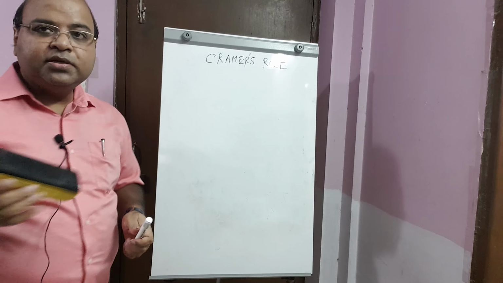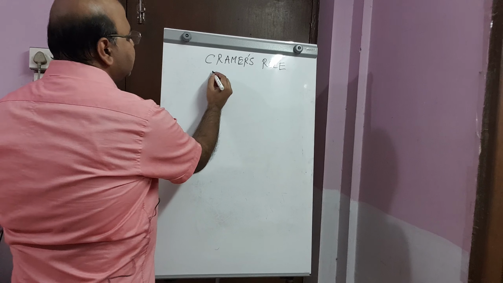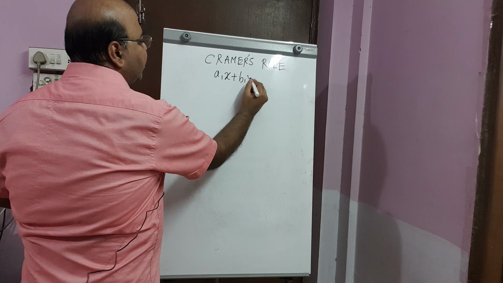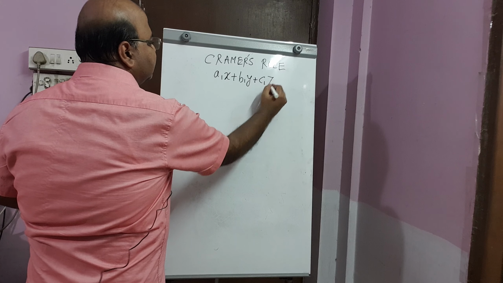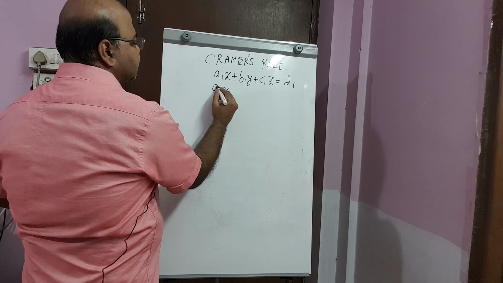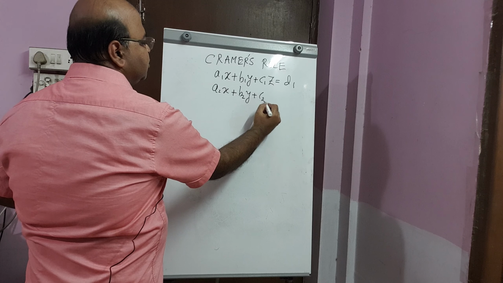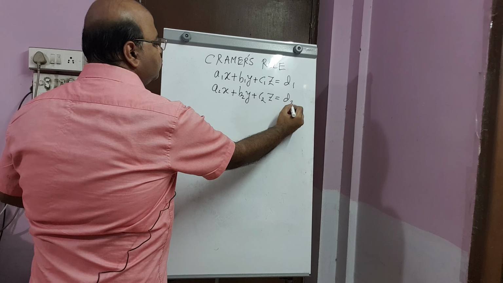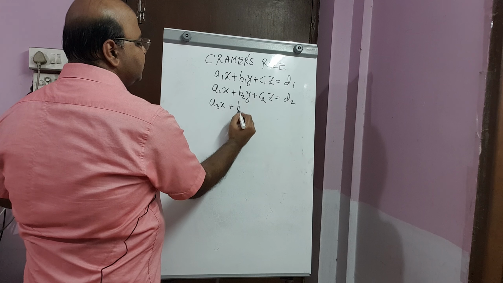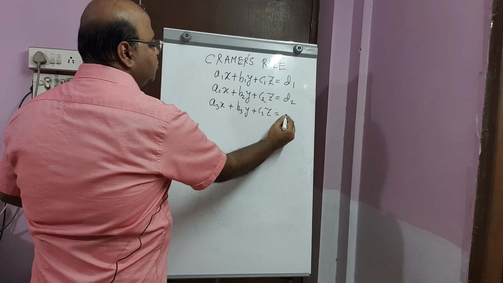So we now consider a linear system in three variables given by a1x plus b1y plus c1z is equal to d1, a2x plus b2y plus c2z is equal to d2, and a3x plus b3y plus c3z is equal to d3.